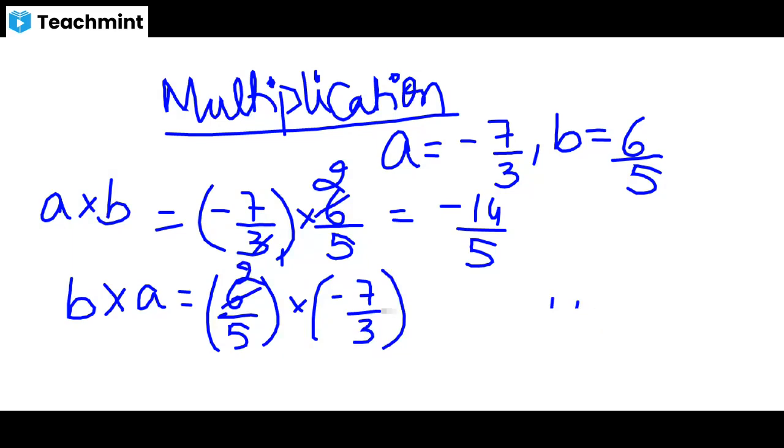In both the cases, if you observe, a into b, is it equal to b into a? Yes, ma'am. What will you write as conclusion? Therefore, a into b is equal to b into a.